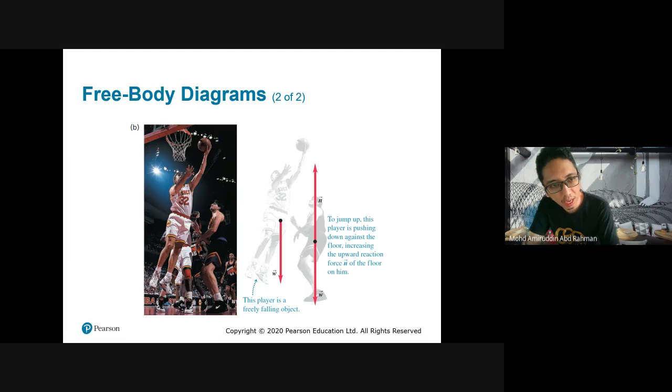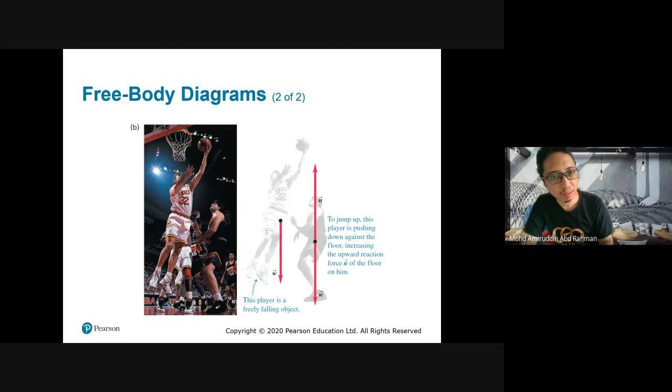Because the other player has already jumped, he's now in free fall motion, where he has the weight only, based on the gravitational force.